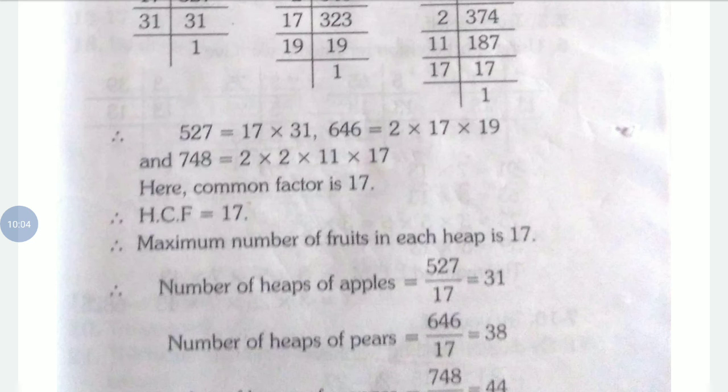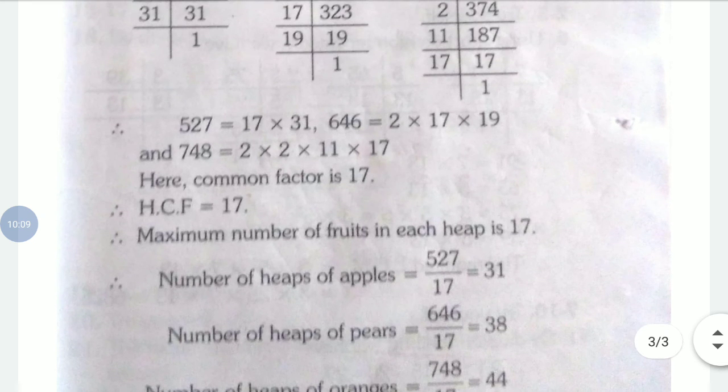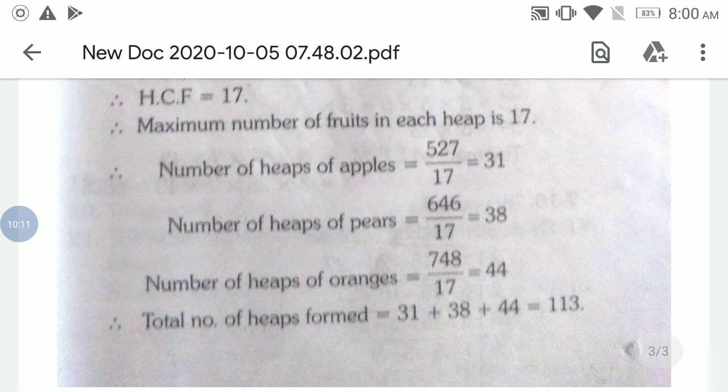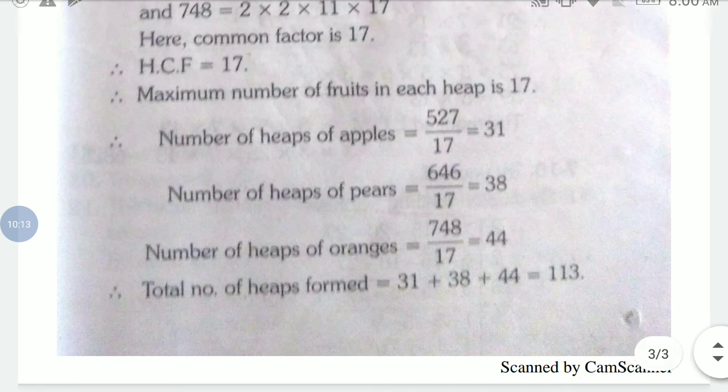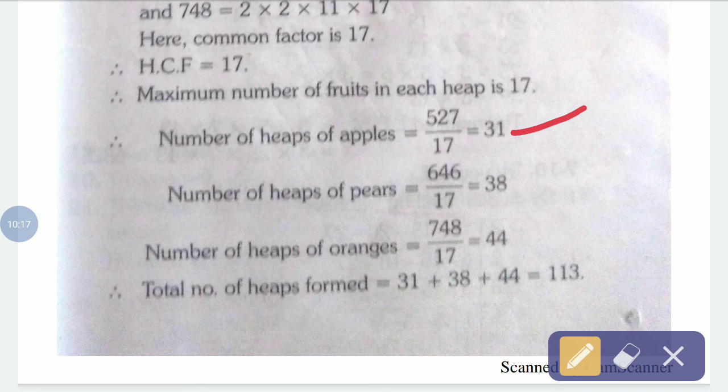Number of heaps of apples: 527 divided by 17, you will get 31. Number of heaps of pears: 646 divided by 17, 38. The number of heaps of oranges: 748 divided by 17, you will get 44.